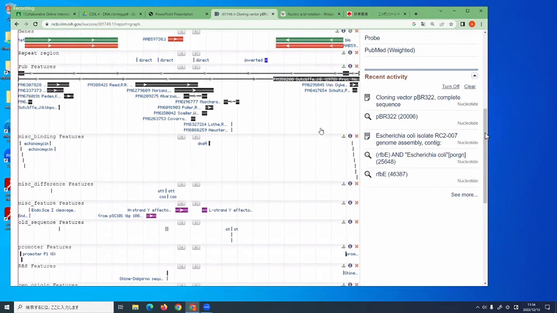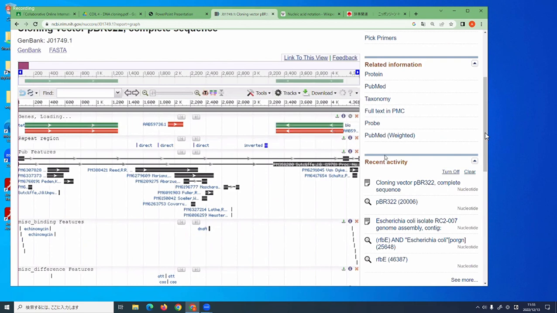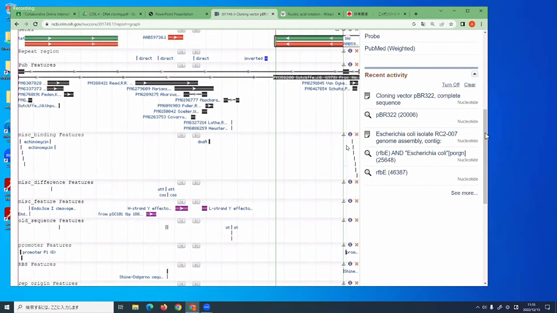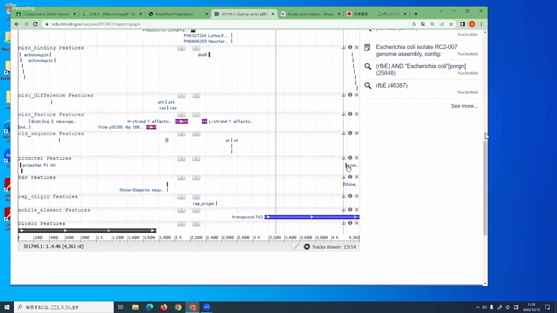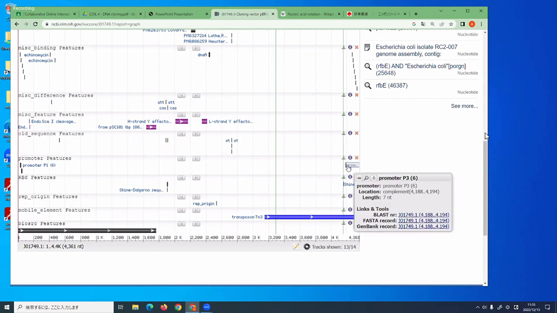So you can click on this gene and you draw a line. Just upstream of the beta-lactamase, there's a promoter P. So there's a promoter there for RNA polymerase to bind, and then it will synthesize the RNA from the gene.